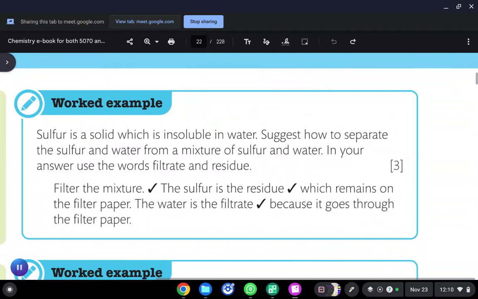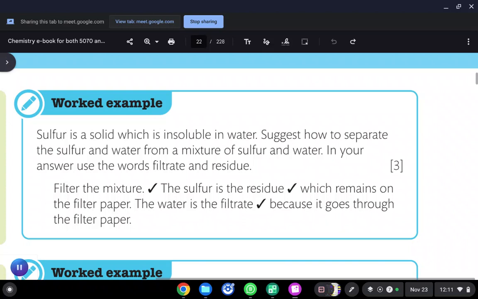So how will we get 3 marks? First, we tell them the name of the technique, filtration, or we simply say we will filter the mixture. That's how we get 1 mark. Then we write that sulfur is the residue, because it is mentioned in the question that sulfur is insoluble in water, and it remains on the filter paper.